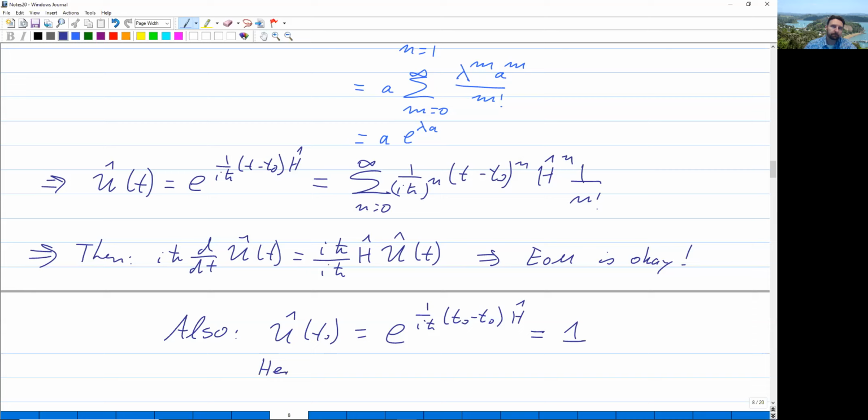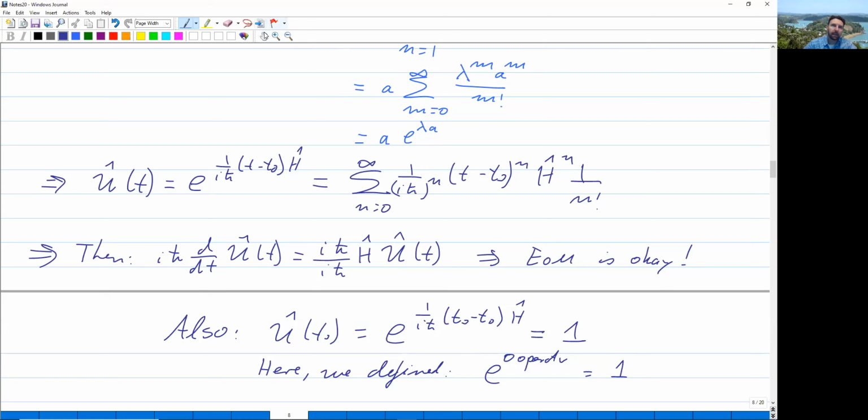So here we defined that e to the power of 0 times an operator is equal to the identity operator. Just like e to the power of the number 0 is 1, e to the power of the operator 0 is the identity operator. This is a definition. Whether it is a good or bad definition depends on what the consequences are.